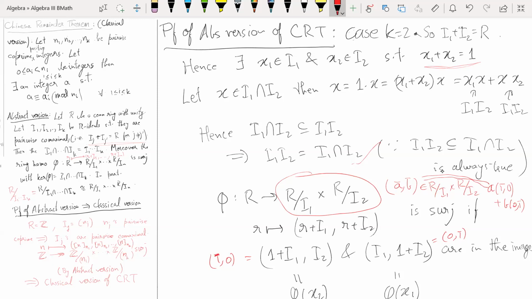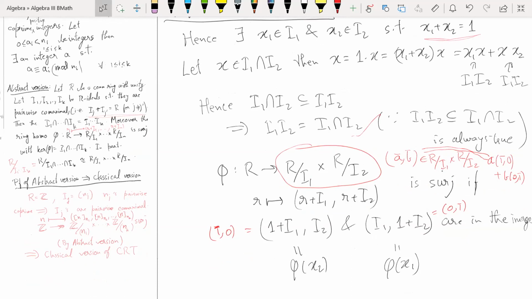Does that make sense? Once you have 1 bar comma 0 and 0 bar comma 1, you can get the others by just applying phi with a and b respectively.